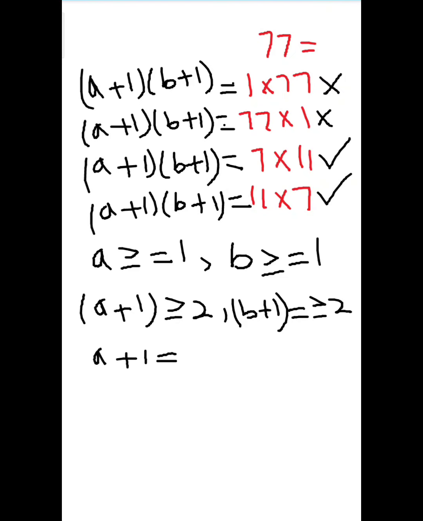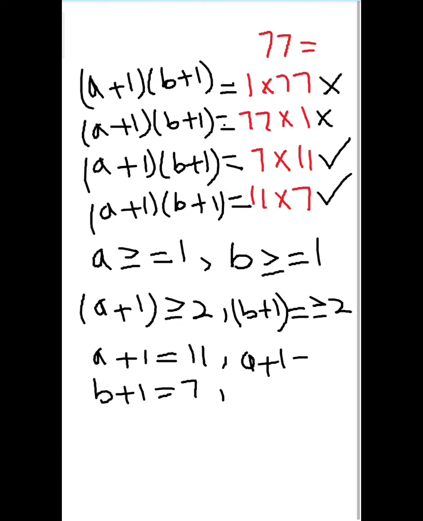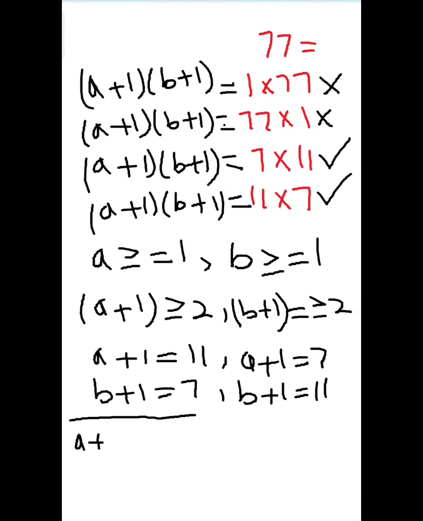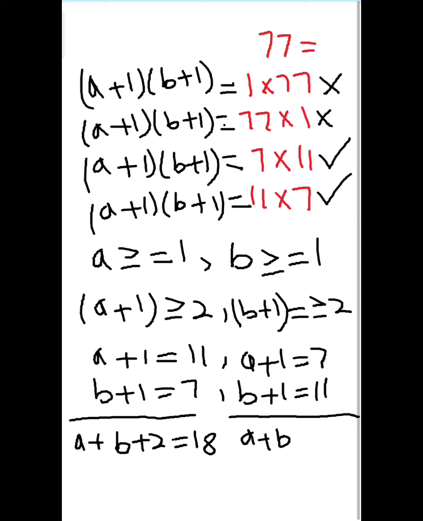So if a plus 1 is equal to 11, then b plus 1 is equal to 7. Or if a plus 1 is equal to 7, then b plus 1 is equal to 11. Now we should add both equations, and it means a plus b plus 2 is equal to 18, and here a plus b plus 2 is also equal to 18.